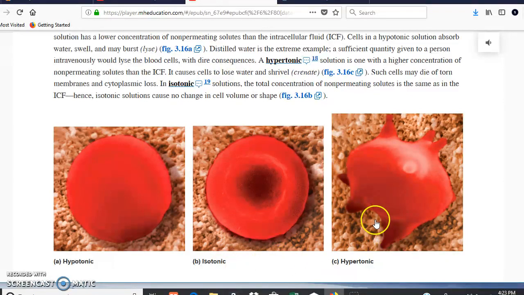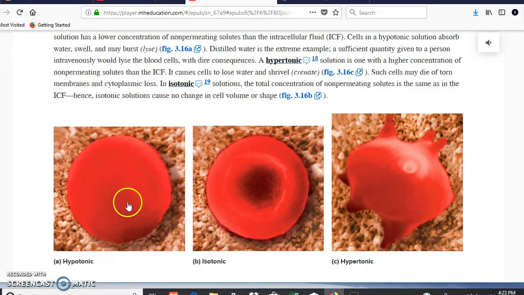If you look at this other case right here, this is a hypertonic solution. Using the same example, this is going to have inside 3 pounds of salt. Outside, you're going to have 5 pounds of salt. Because of that, the water will go from higher here inside the cell to outside the cell. And that's why the cell will shrivel.